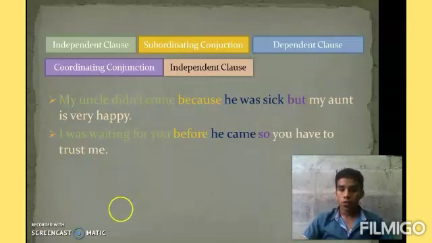Before is the subordinating conjunction, and he came is a dependent clause because it depends on the other independent clause, and also because it is introduced by the subordinating conjunction before. You have to trust me is the independent clause because it is expressing a complete thought, so extra information is not needed.